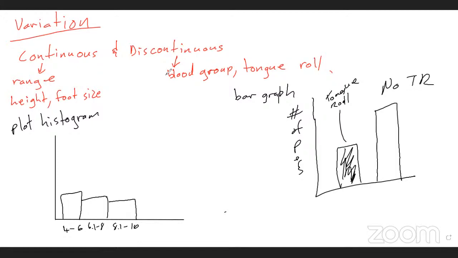Now, we need to look at what leads to variation. Do you understand the word variation in terms of biology? What does the word variation mean? The difference in the trait of an organism within a species.